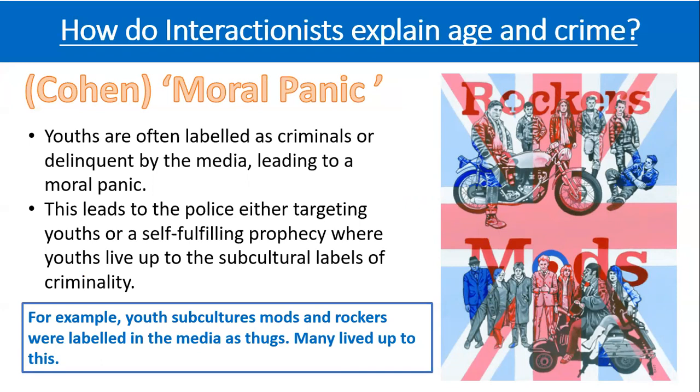Or it might be that the police have those labels about young people and go, yeah, we need to target them. So the example we've got here, youth subcultures, mods and rockers, were labelled in the media as thugs. Many lived up to this. It's how the young are labelled, essentially.